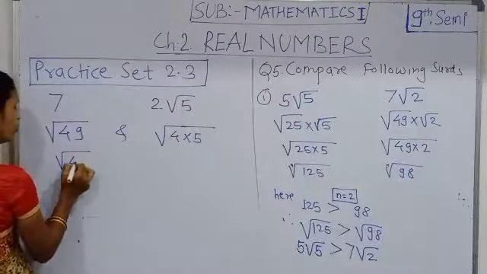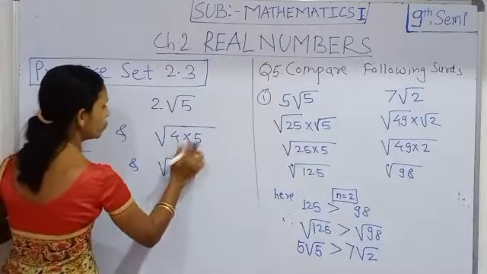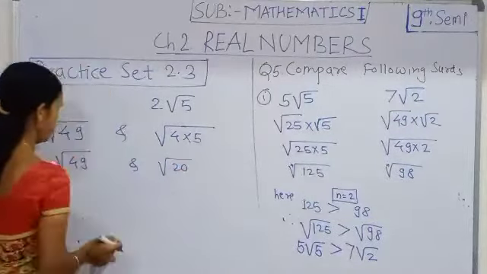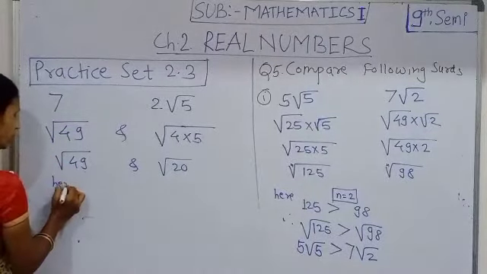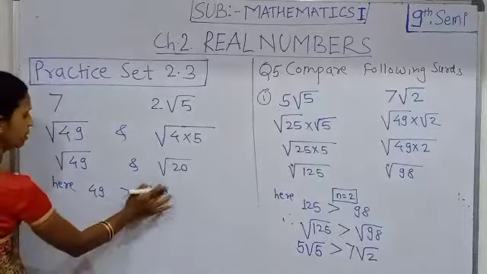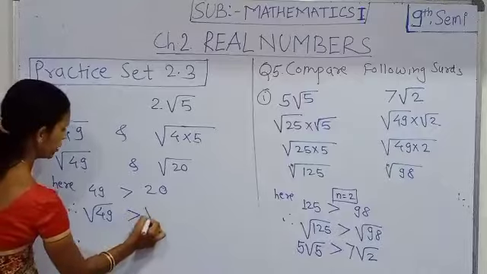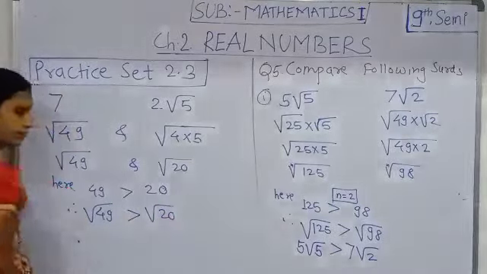Therefore root 49 and root 4 into 5, that is root 20. Then here 49 is greater than 20. Therefore, root 49 is greater than root 20.